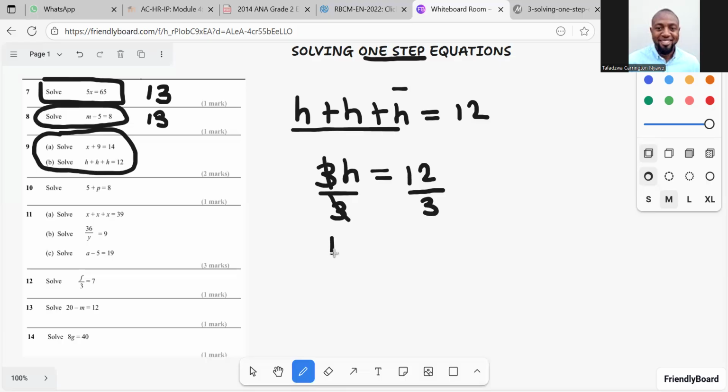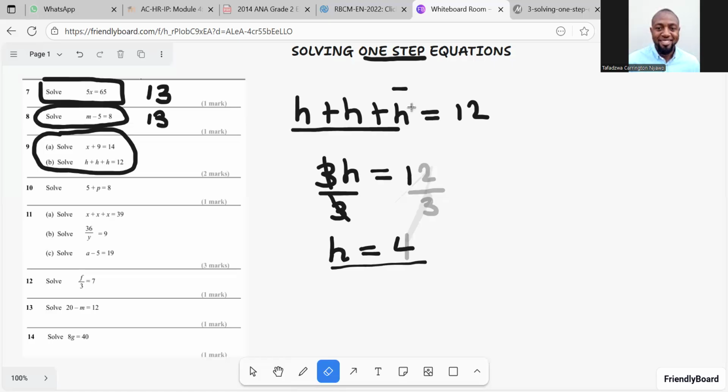And I'm left with h over here. 12 divided by 3 is 4. So the answer is 4. h is equal to 4. All right. So that was simple and straightforward. Let's move on to the next equation.